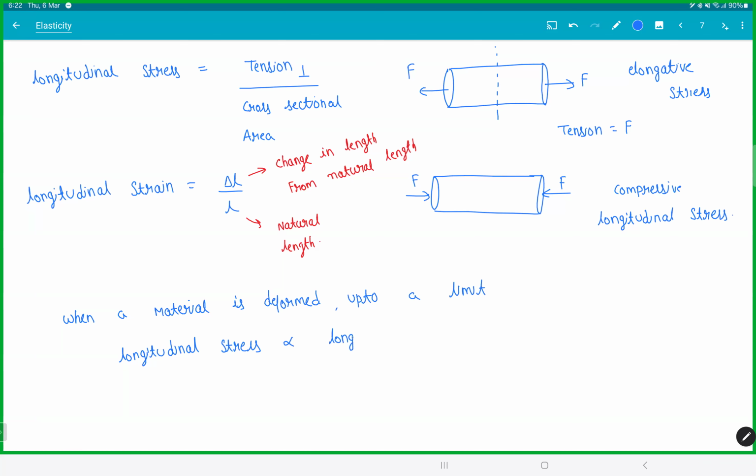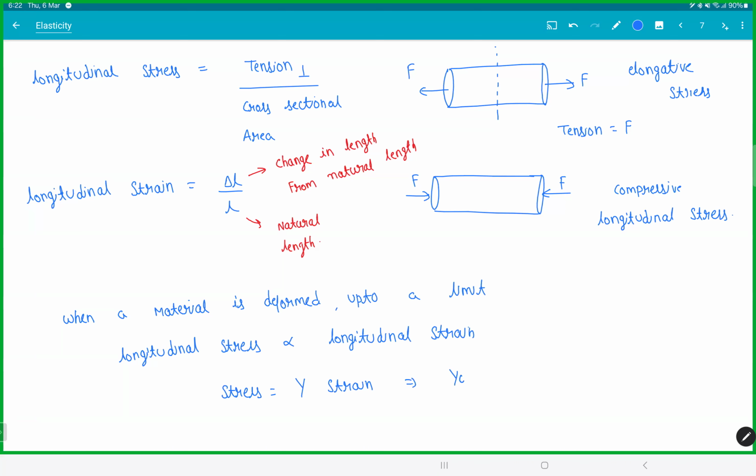So the stress is proportional to strain. It's like F is equal to Kx. The more force you apply, the more elongation you get, up to a limit. We will talk about that later on. If you stretch the material too much, it doesn't behave like a normal wire. The proportionality constant, I will just write it as stress, is given by Y into strain.